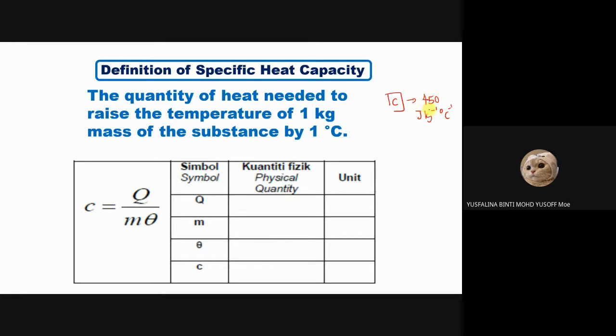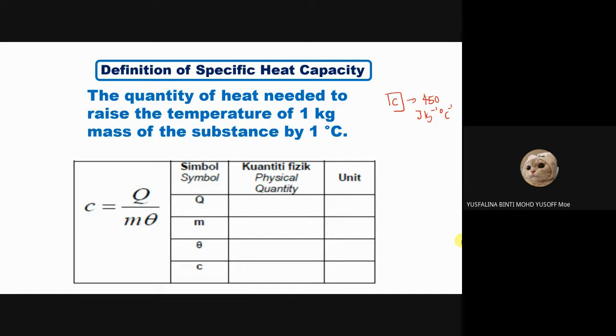So what does it mean by 450 here? It means the object C needs 450 joule of energy to increase 1 degree Celsius, with the mass being 1 kg. So that's the meaning of the specific heat capacity. Why do we put it as specific?